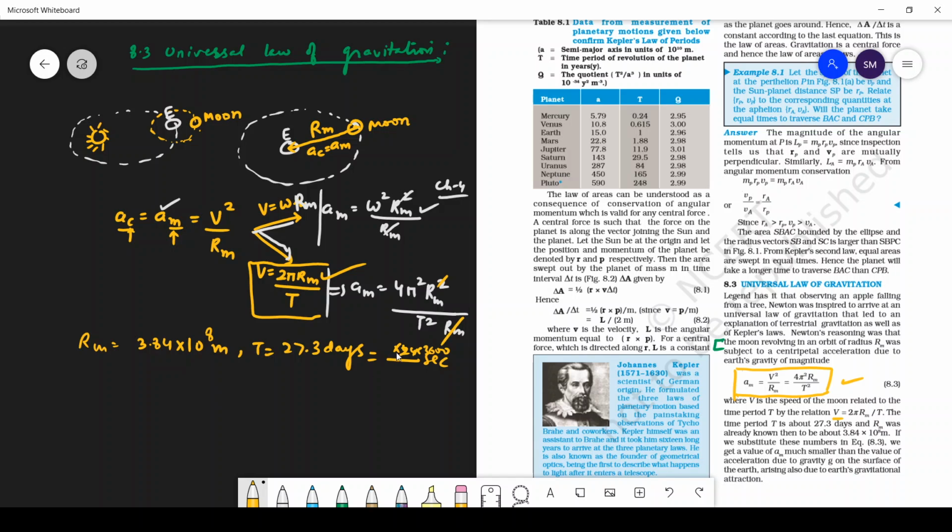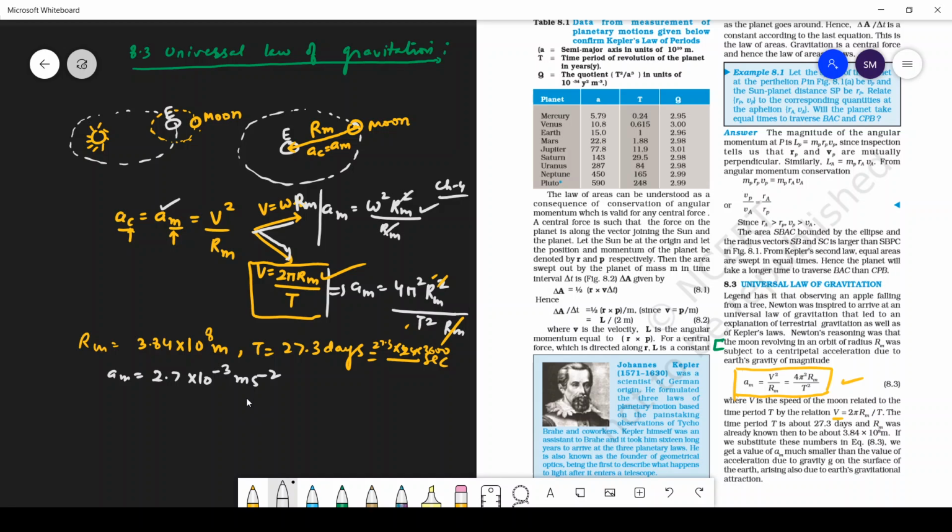So you'll get it in seconds: 27.3 into 24 into 3600 seconds. Now putting these values over here, the value of Rm, T, and we know pi is equal to 3.14, square of it. So we get, students, Am is equal to 2.7 into 10 raised to minus 3 meter per second square.